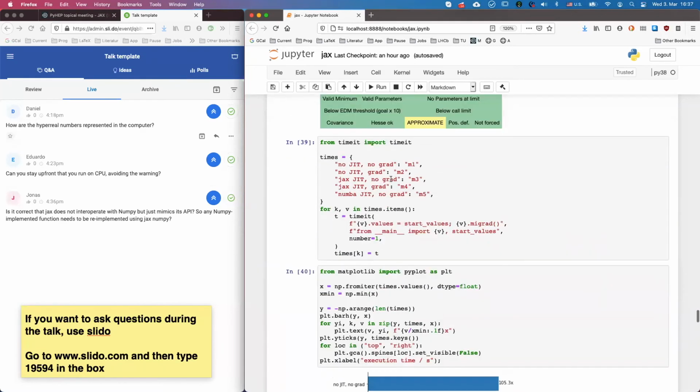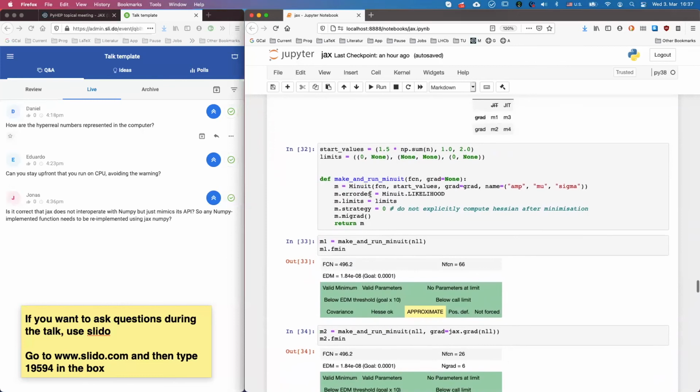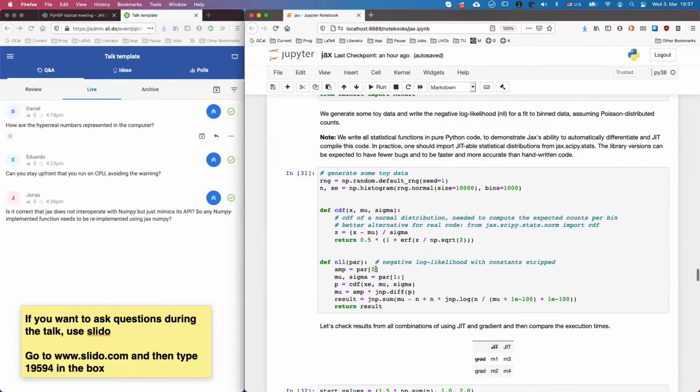I mean, here you see it already. If I did not import my error function from JAX, the code here looks exactly the same. If I would write this with SciPy and NumPy, I would get the exact same implementation.